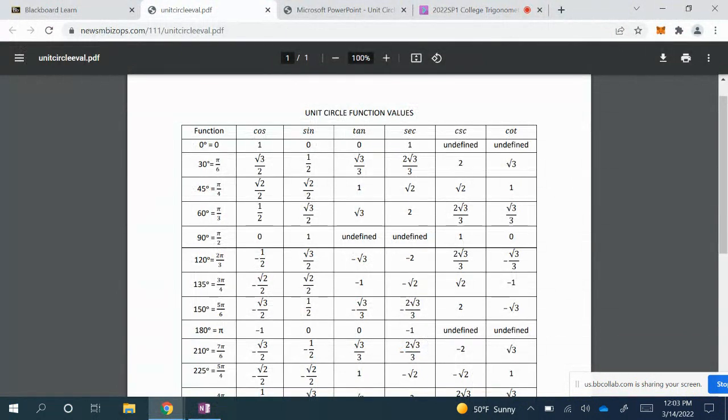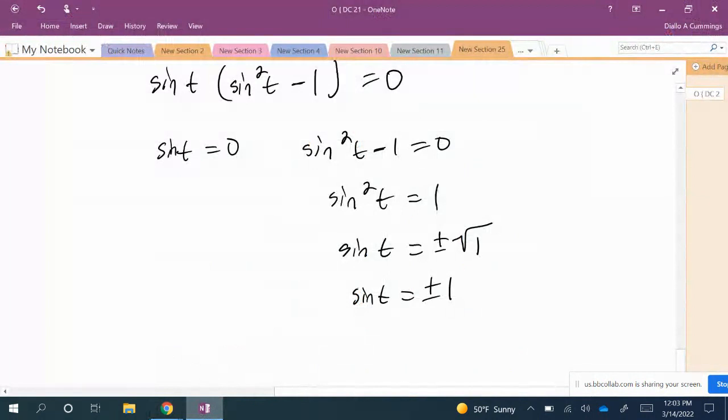Looking at all the angles that have a sine of 0, we see that 0 radians has a sine of 0, and we also see that pi has a sine of 0.